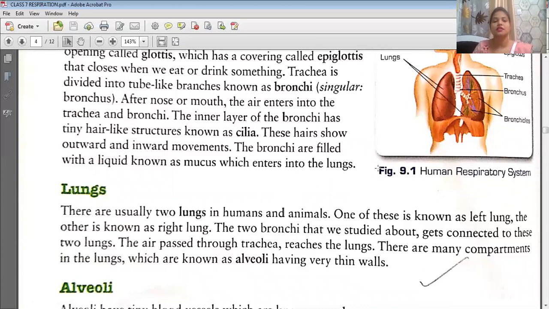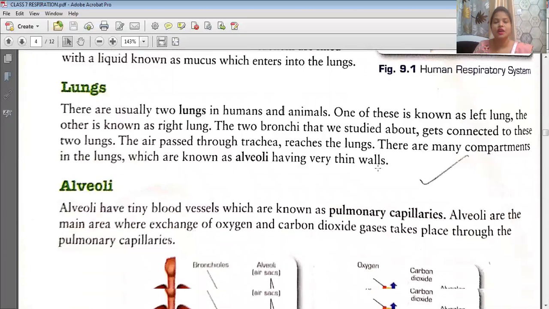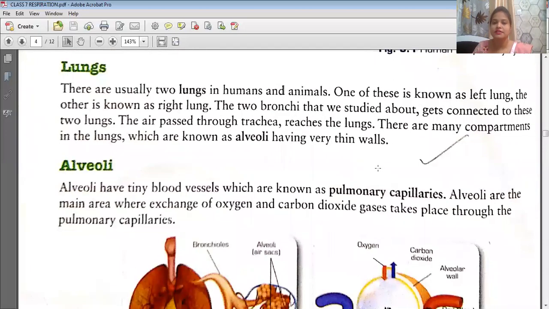They show inward and outward movement of air. The bronchi are filled with a liquid known as mucus, which enters into the lungs. Now air has entered into the lungs, so we will study about the lungs.